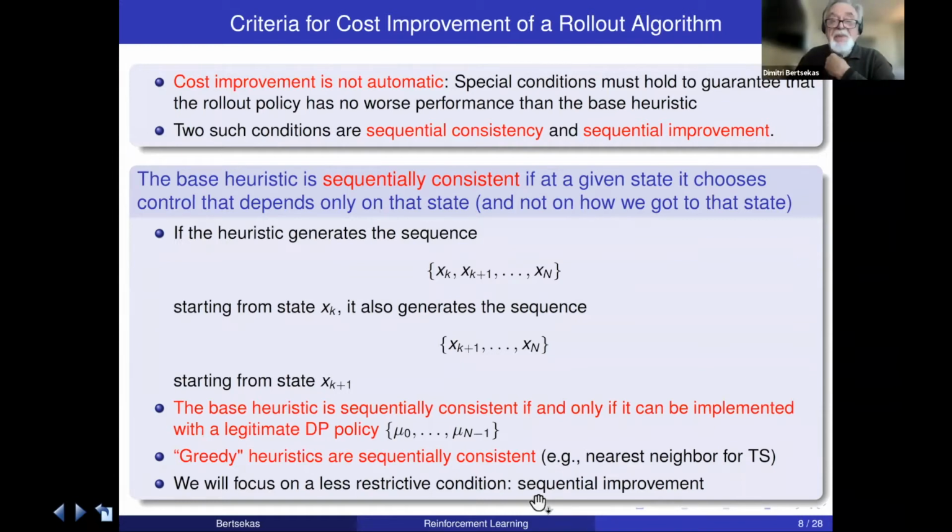Going from Boston to Phoenix through St. Louis is a problem, but what is the heuristic that you use? If it is the nearest neighbor type of heuristic, you go to the nearest city, or some set of nearest, it may be sequentially consistent. So you can think of it in the context of that travel problem.